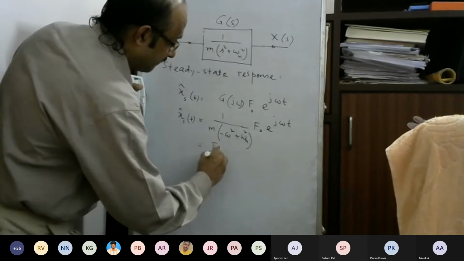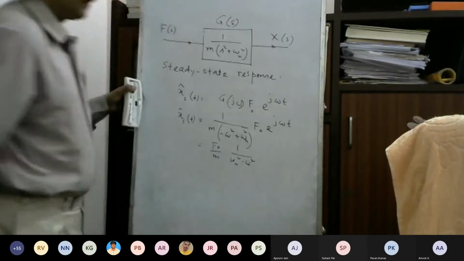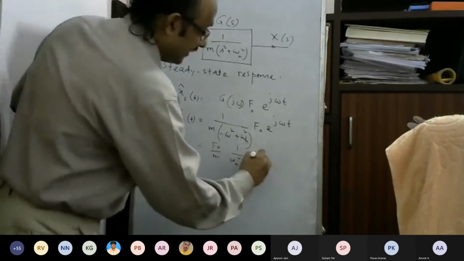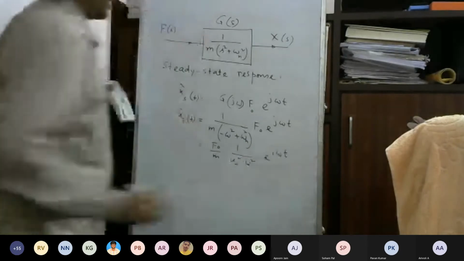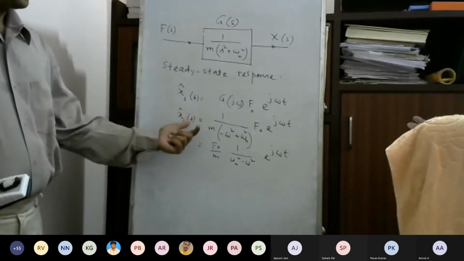So F naught by m divided by omega n square minus omega square, times e to the power j omega t. This will be the steady state response x_s hat.